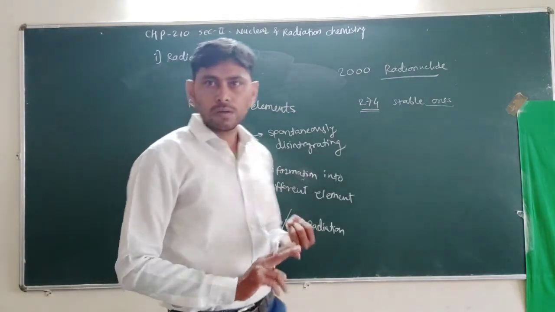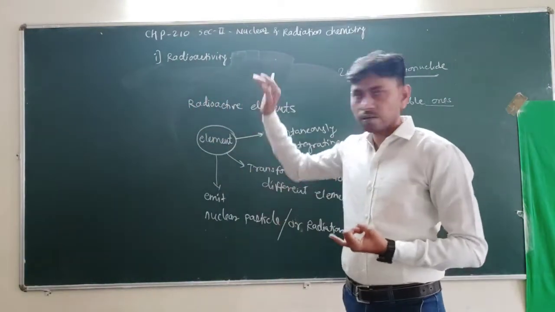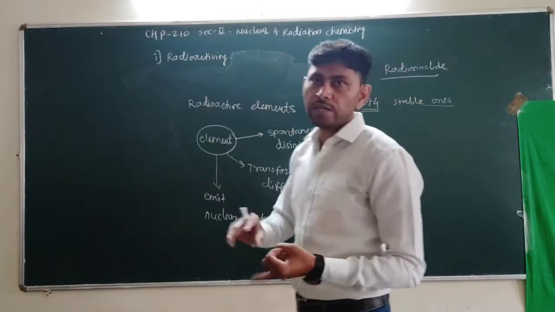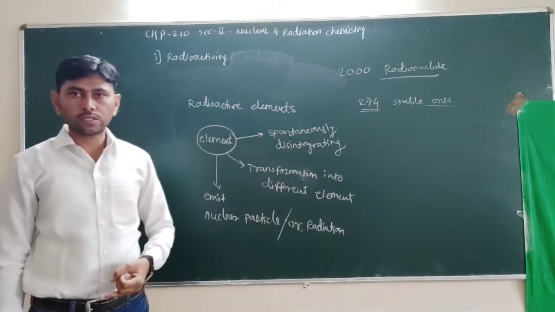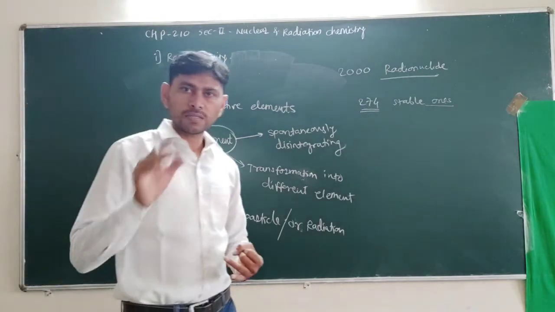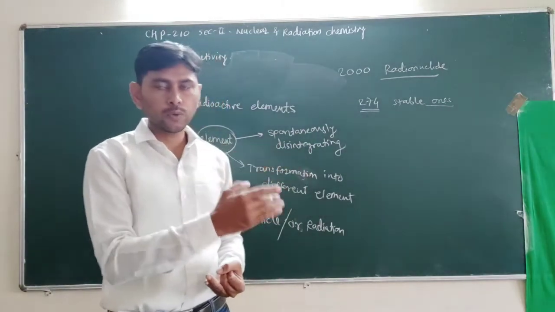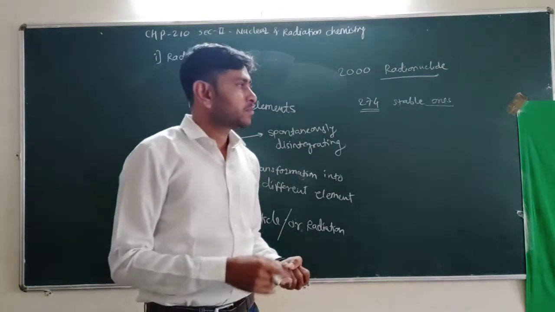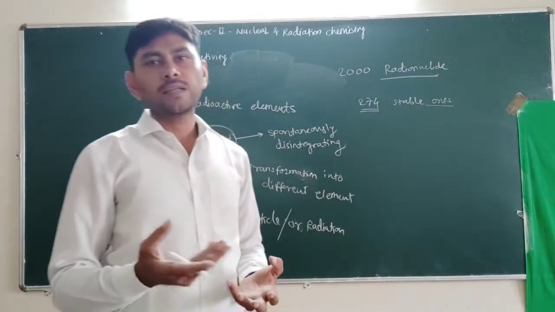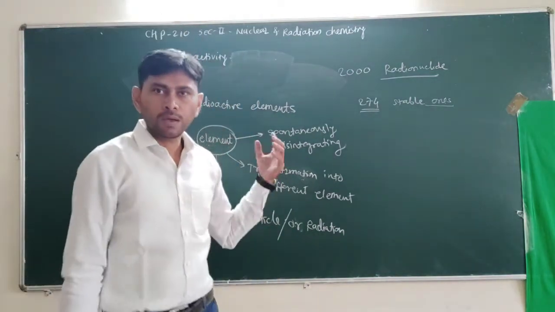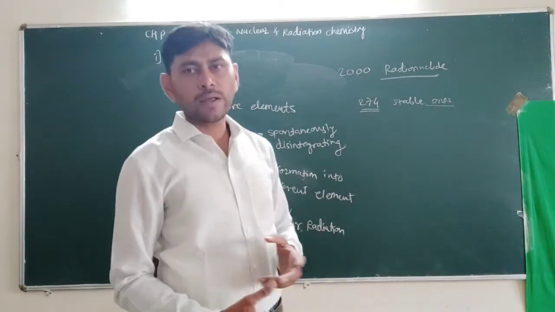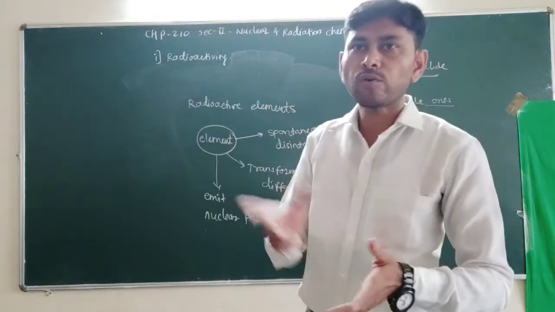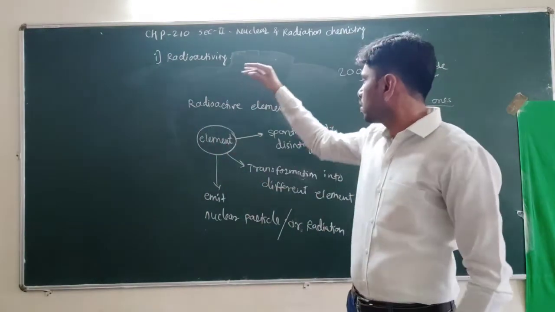So what we discussed about radioactivity: radioactivity was discovered by Becquerel, and the term radioactivity was coined by Curie. There are certain scientists such as Becquerel and Curie from France, Smith from Germany, Rutherford and Ramsay from England, and many others who contributed to the development of nuclear chemistry, nuclear science.